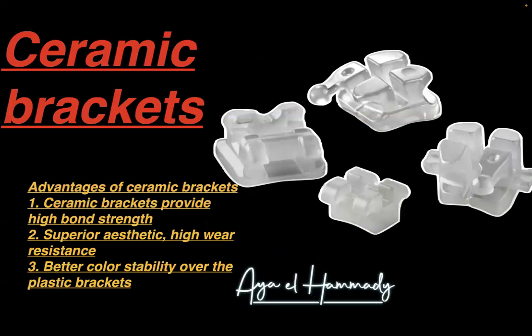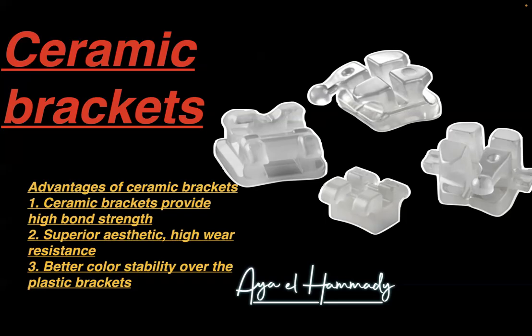Okay, what about here the ceramic brackets? What are the advantages over the plastic and the metal one? First of all, it has high bond strength. This is a very good one. It has high bond strength, so it will debond rarely, but I have a problem regarding this part.